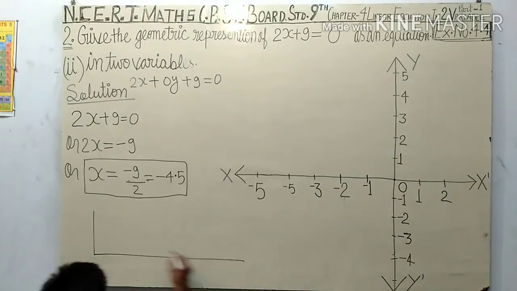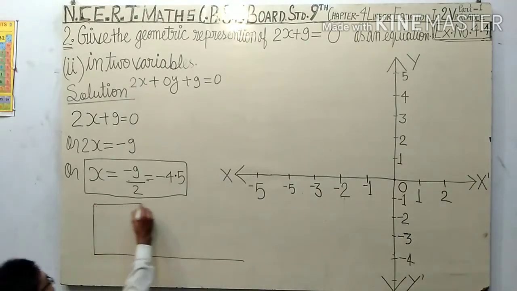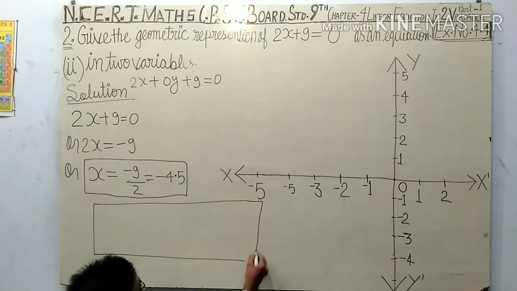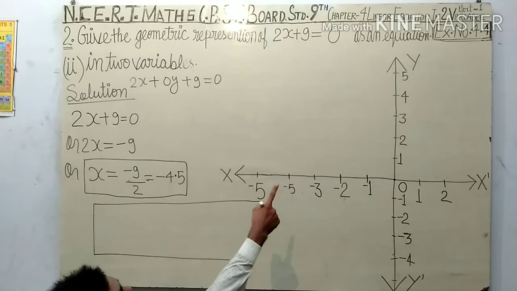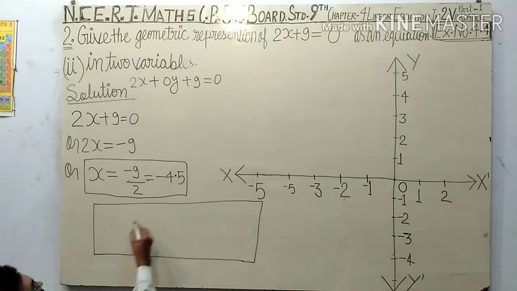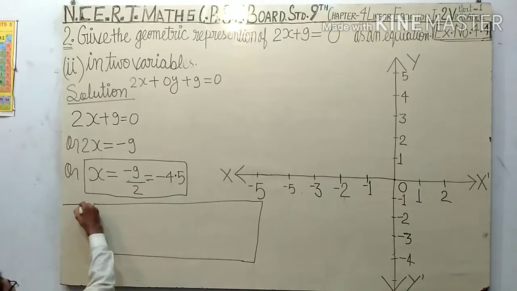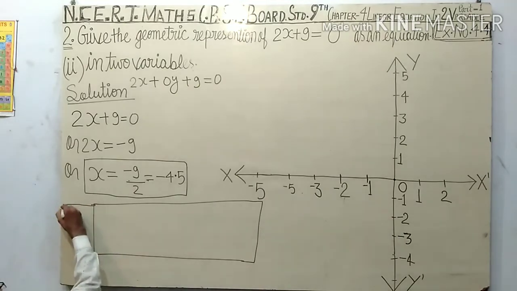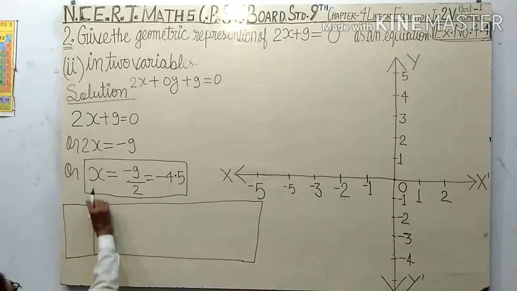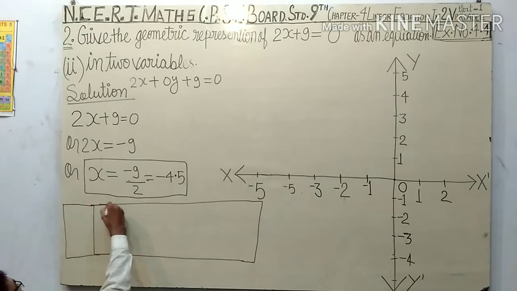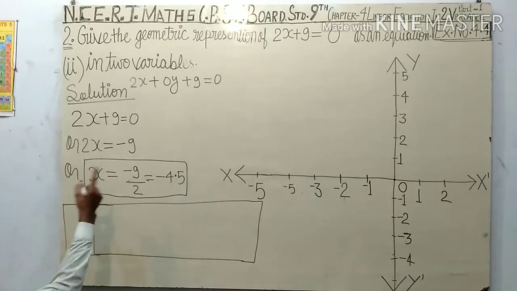Students, here the value of x is constant, and there are 10 values of y. So we take 10 boxes to find values of y, and to prove that no matter how many values we put for y, no value of y can affect the equation 2x plus 9 equals 0.